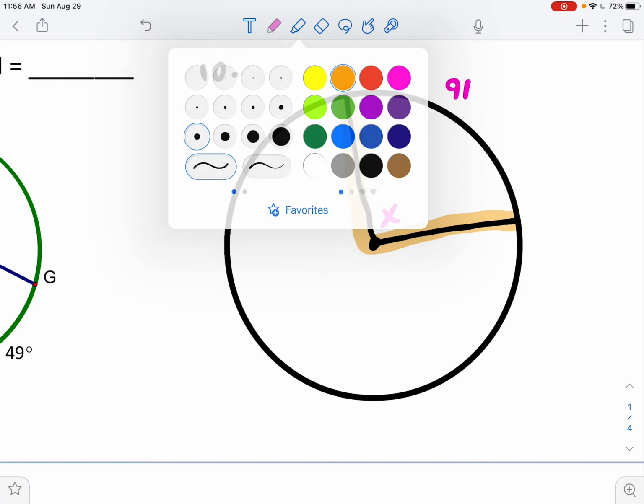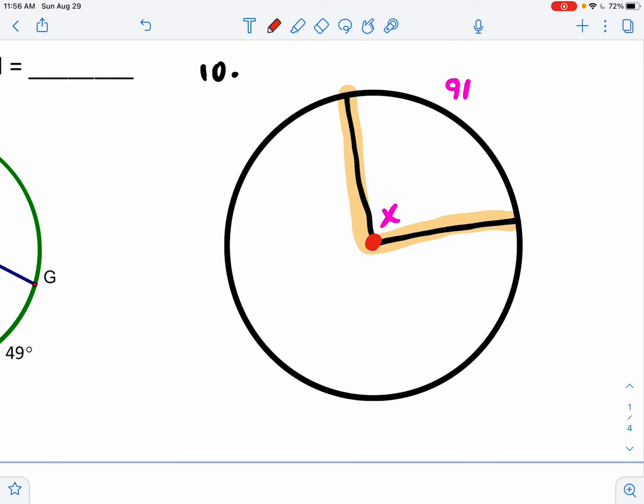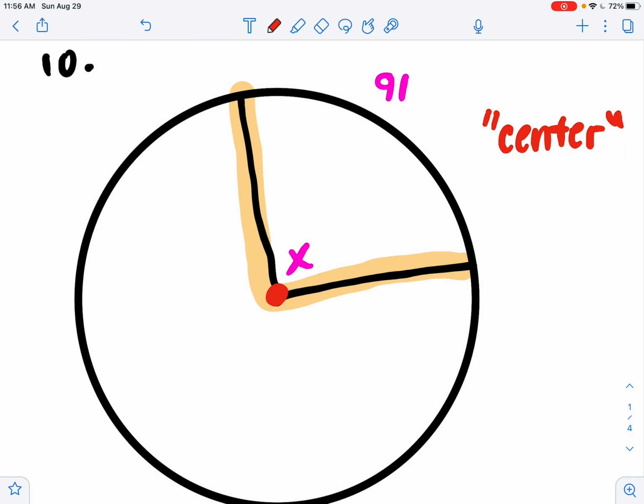All right, so here is my angle. Notice this angle has its vertex at this point right here. And that is inside the circle, but it's inside at the center. This is what we call a central angle. And so anytime you're at the center, the equation is that the angle equals the arc.